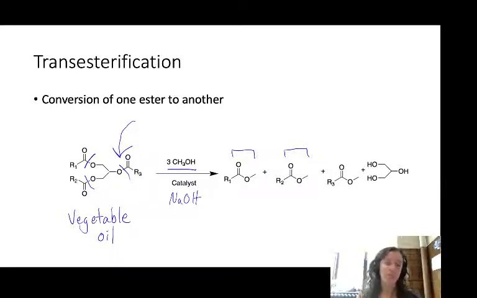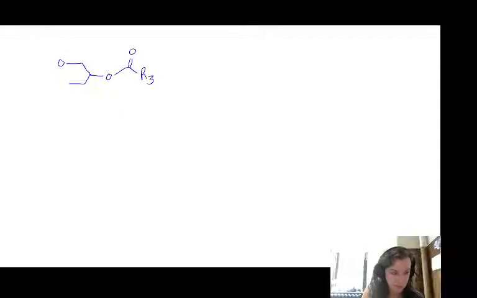So how does this happen? We'll do a quick mechanism here so we understand what's happening in the laboratory. I'm going to simplify much of this molecule for us today, just like it was shown to you on the previous page. In the simplified version of the molecule, we've abbreviated these three different side chains as R1, R2, and R3.